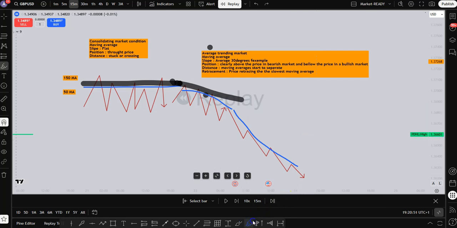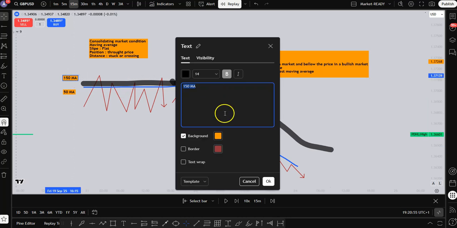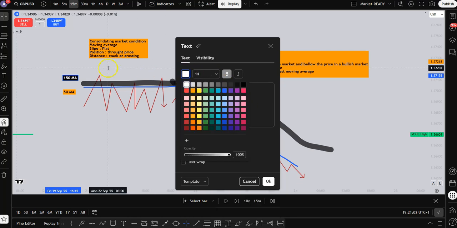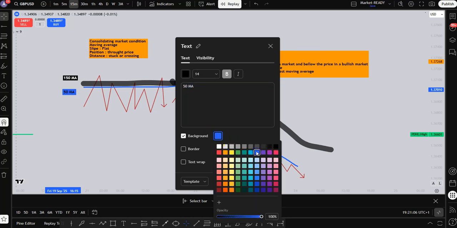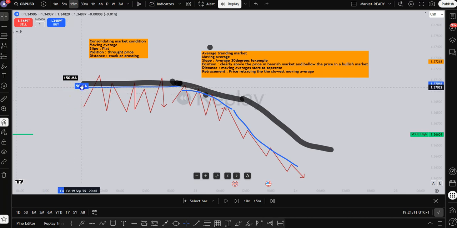So the blue is the 50, the black is 150.